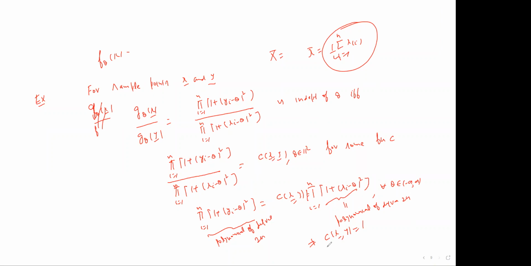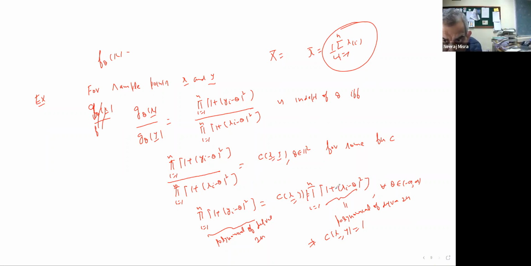Sir, can you explain this line? Because two polynomials are agreeing on an interval, I have told you, like power series, the coefficients should match. Here the coefficient of theta to the power 2n is c(x,y), and the coefficient of theta to the power 2n on the other side is 1. The coefficient of theta to the power 2n should be the same on both sides, because if two polynomials match on an interval, then their coefficients have to be the same.